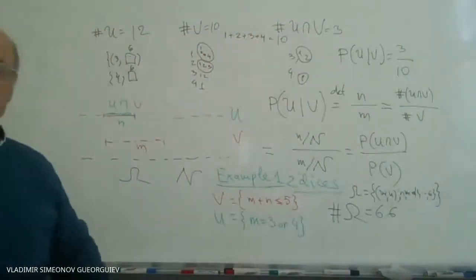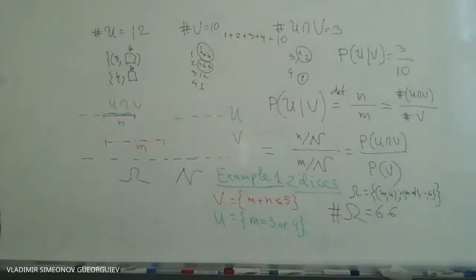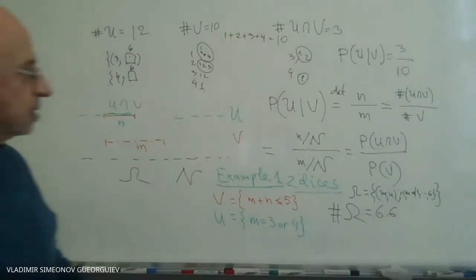So we have probability 3 over 10. This is our conditional probability.